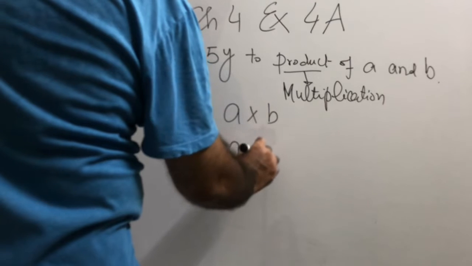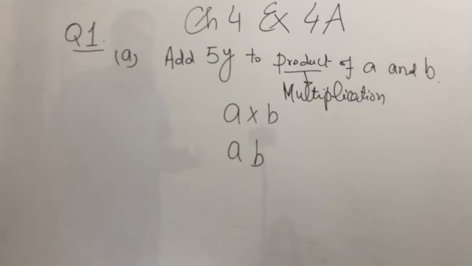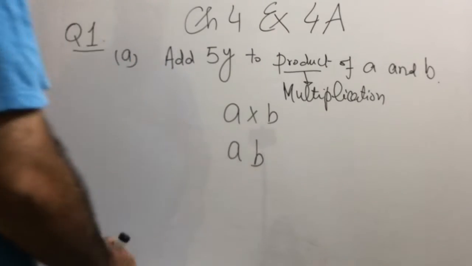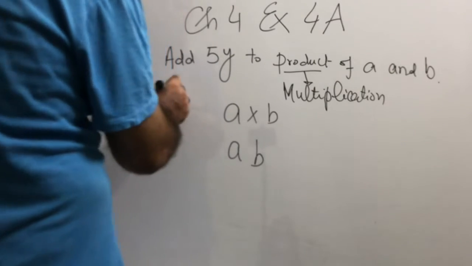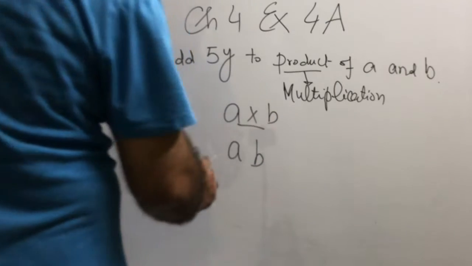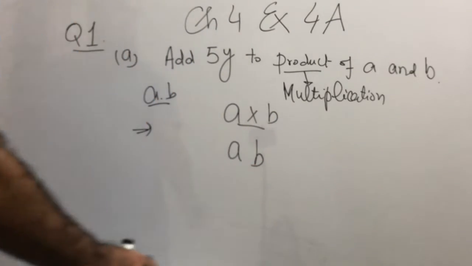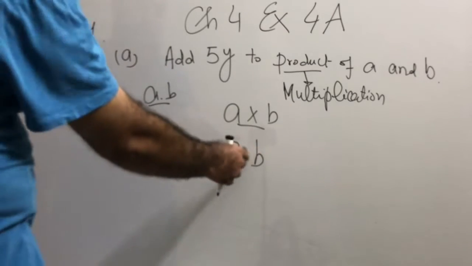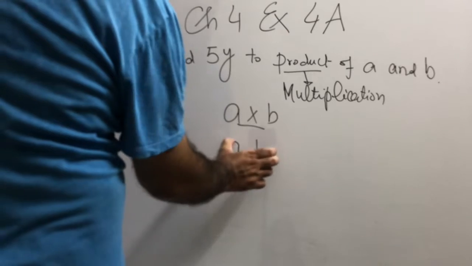If it is written as AB, we still know automatically that it is A multiplied by B. Even we can write it as A dot B. But in algebra, we will simply write AB. AB means A multiplied by B. So this is the product of A and B.